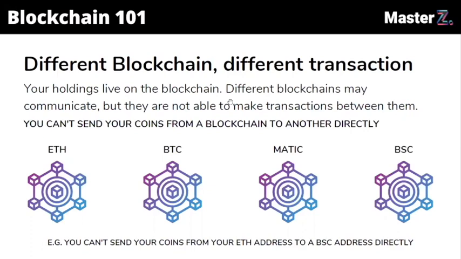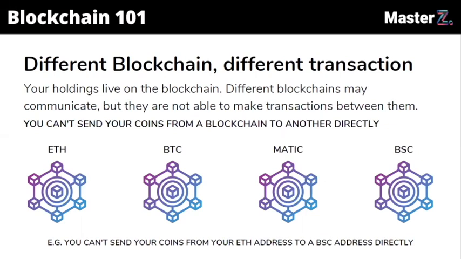This is a very important concept that not everyone knows, and it was something I felt too at the beginning. Since there are different blockchains, there are different transactions and different wallets. Your holding lives in the blockchain, as we said, and there are many blockchains.